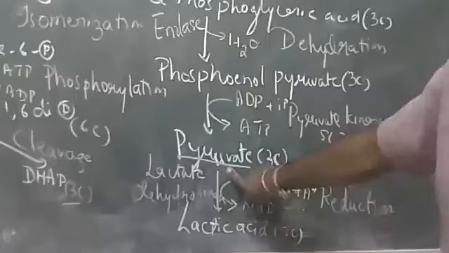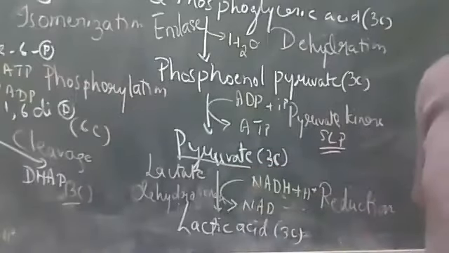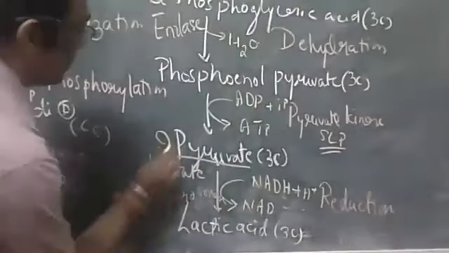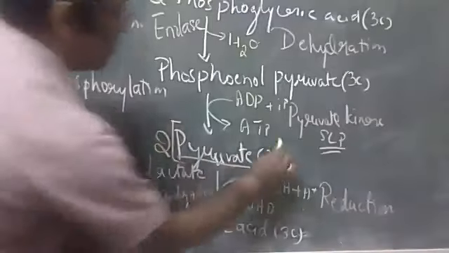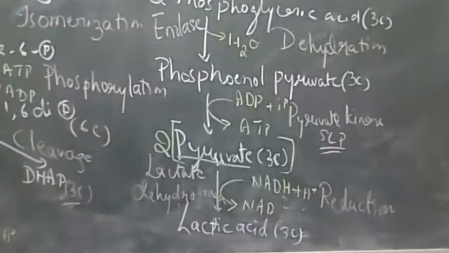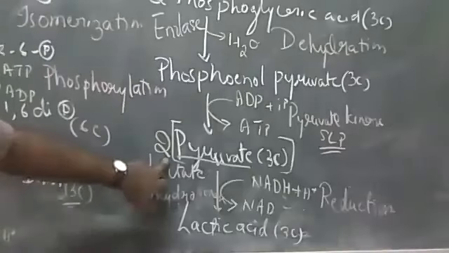Because we'll get 2 pyruvates. How do we get 2 pyruvates? Anyone can tell me? Take your EMP pathway, one glucose molecule. Check the EMP pathway. Tell me, how do you get 2 pyruvates?